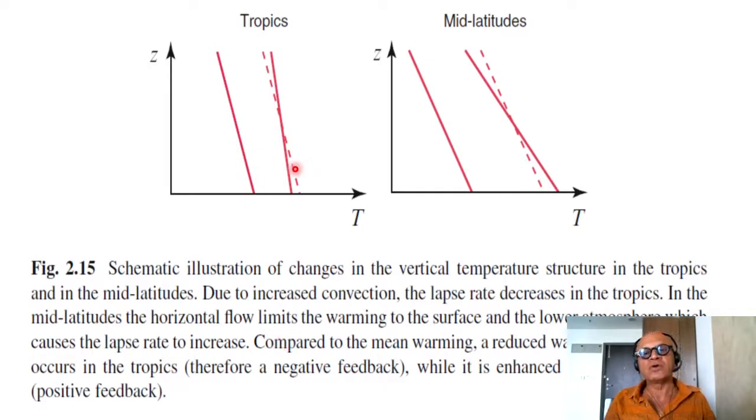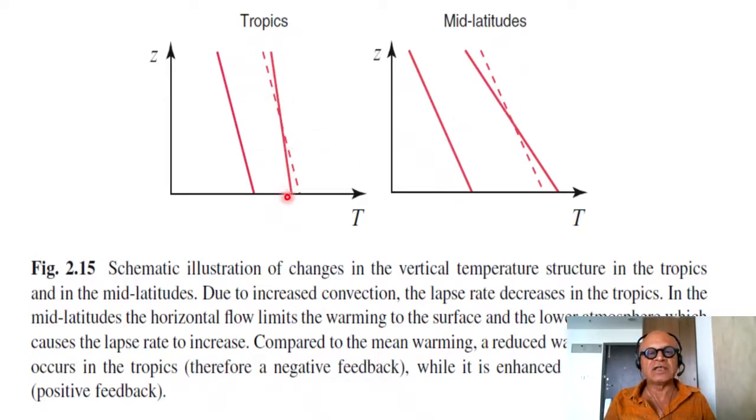So we are going from the unperturbed state to the perturbed state, where global warming increases surface temperatures, and deep convection would increase in the lower latitudes, which takes the heat to the upper levels. So the dashed line is the same as here. They are parallel, so they are parallel here as well.